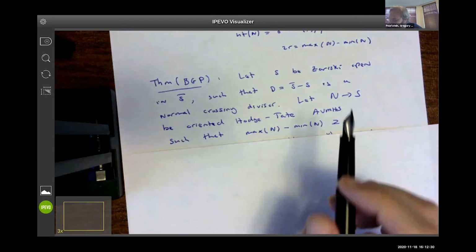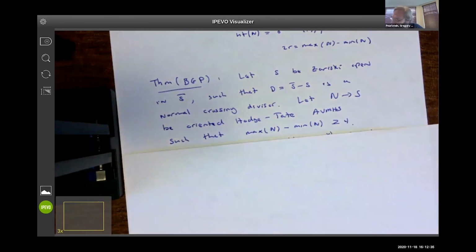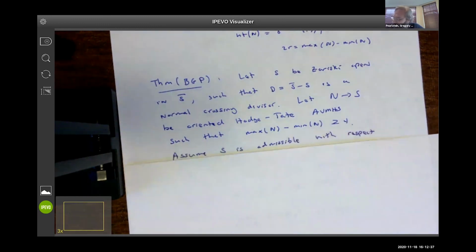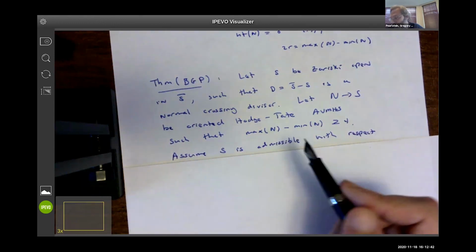Now I'm going to look at the Hodge-Tate case. I want an oriented Hodge-Tate variation, and I'm going to assume that the difference between the top and the bottom weights is at least 4.